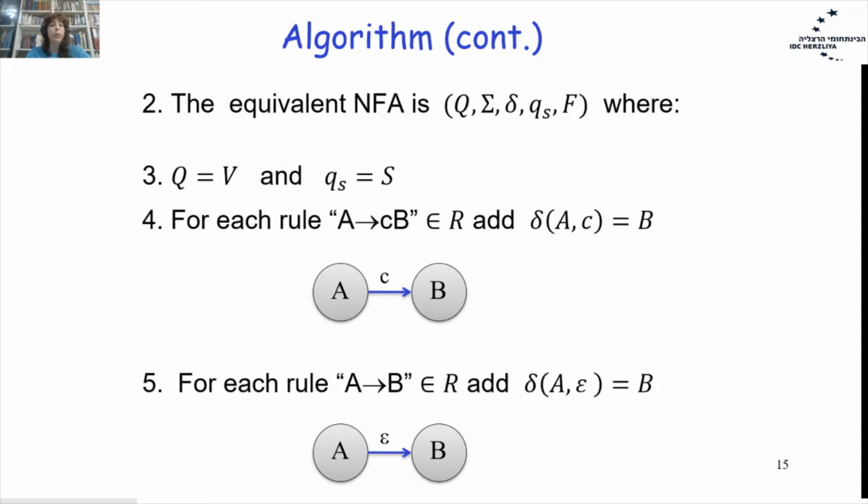Now, in the equivalent NFA, the set of states will be equal to the set of variables.